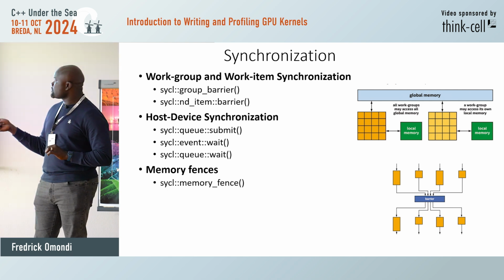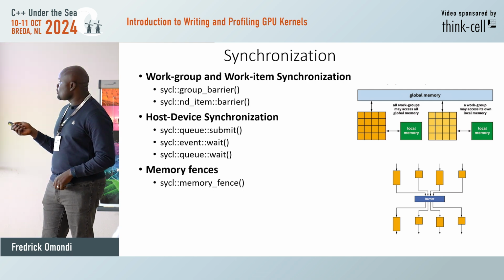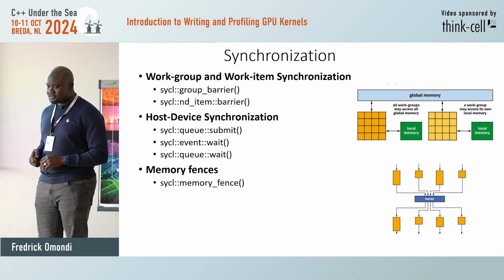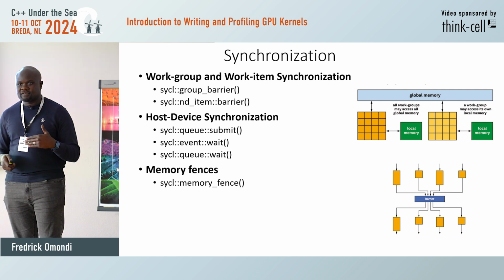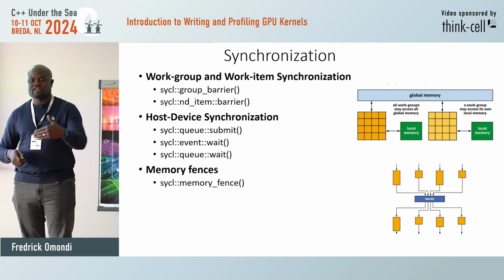And then another form of synchronization that exists is at work group and work item level. So we've got the barrier. A barrier simply is a primitive that forces all the elements to execute it before moving on to the next step.